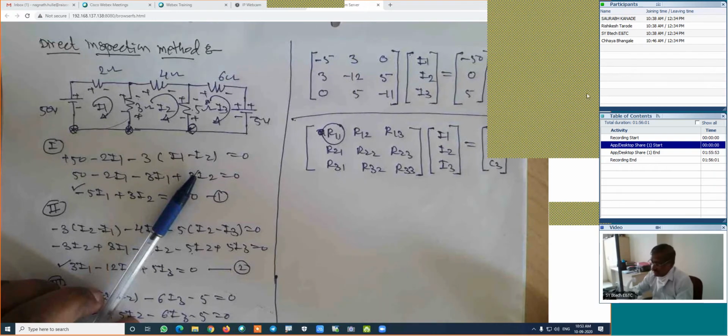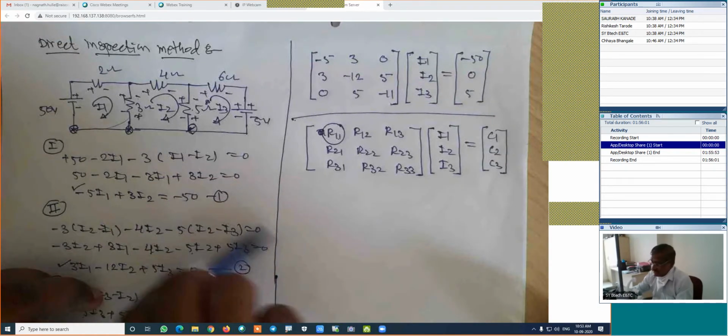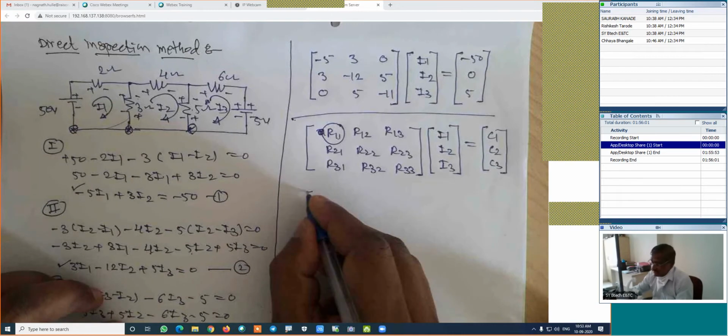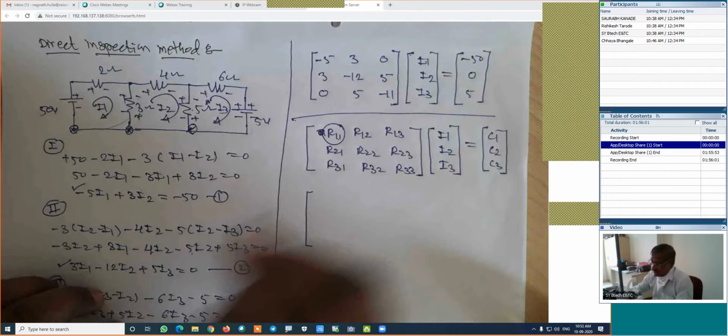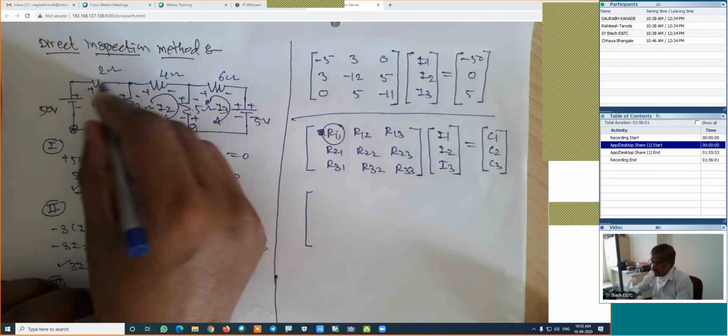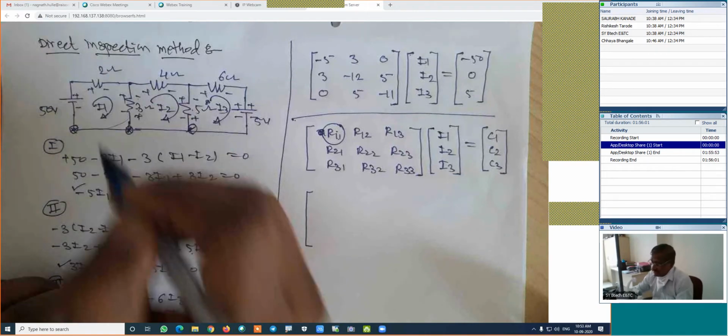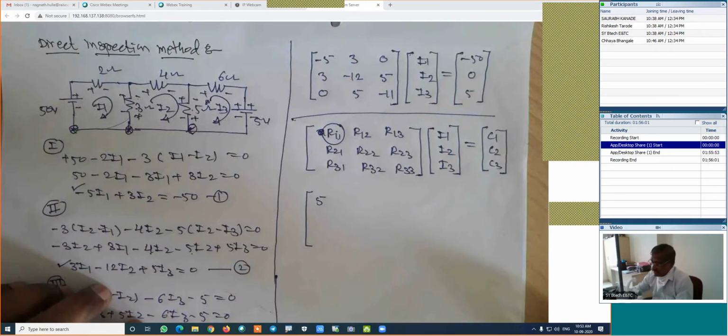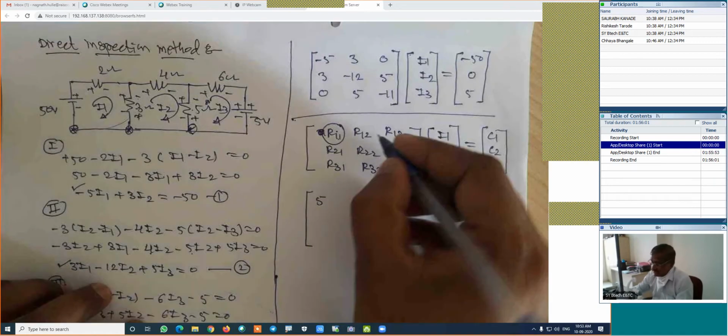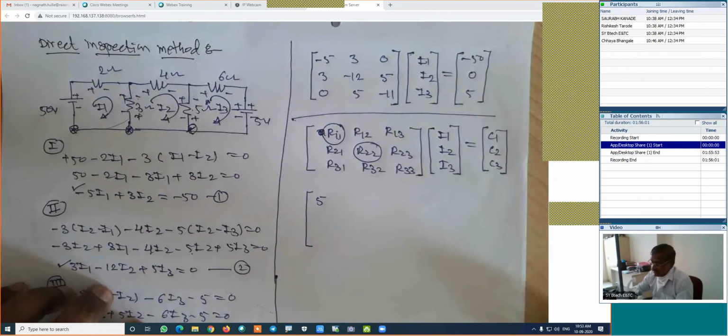Now you can unmute yourself whenever I will ask the question. Now here, how we will prepare this matrix? Look at carefully. R11 is the resistance of the first loop. Resistance of the first loop is 3 plus 2 is 5. That is 5. Is it right? Then we will prepare R22.